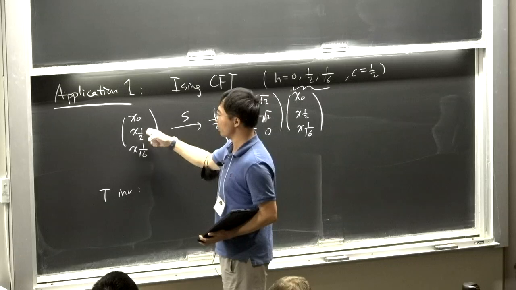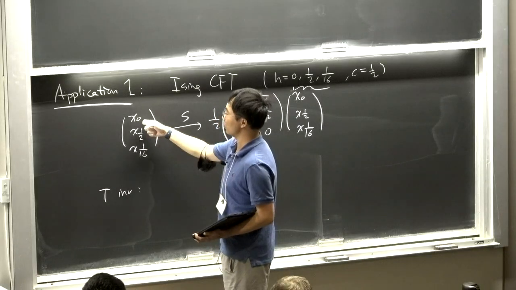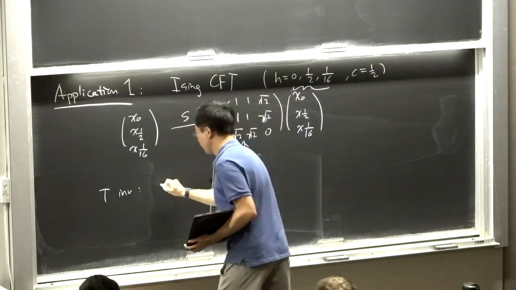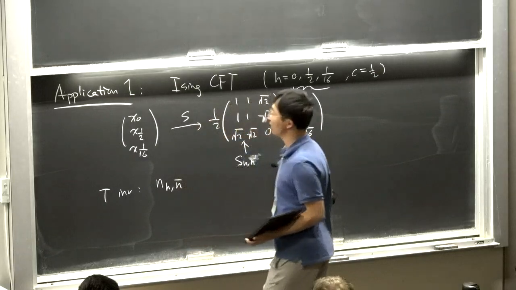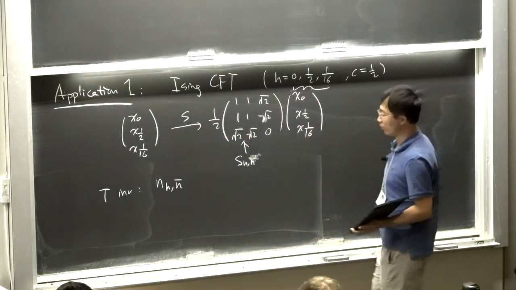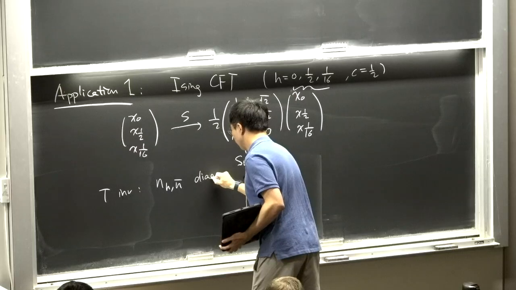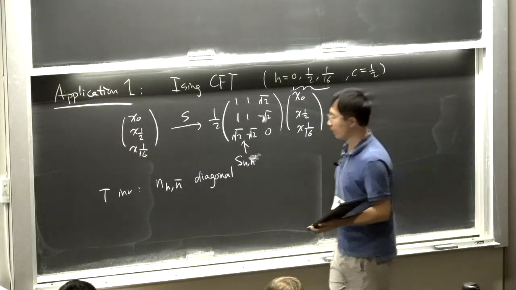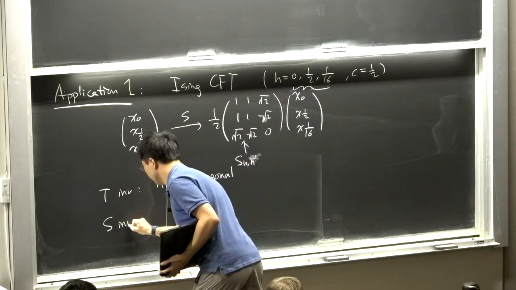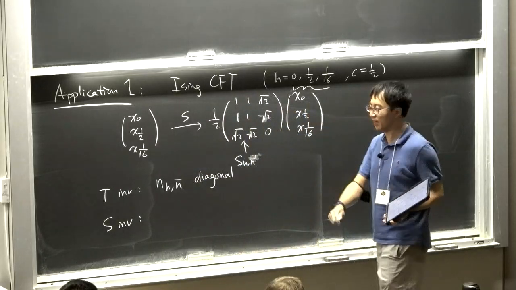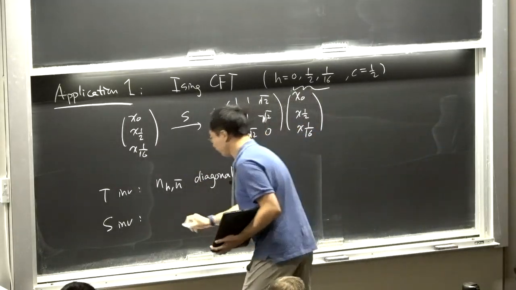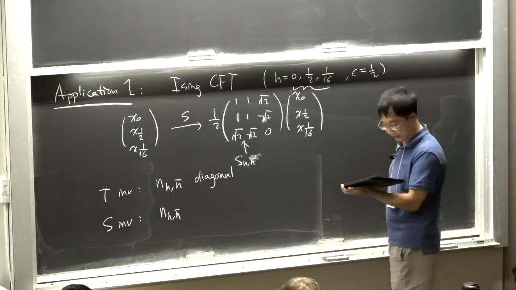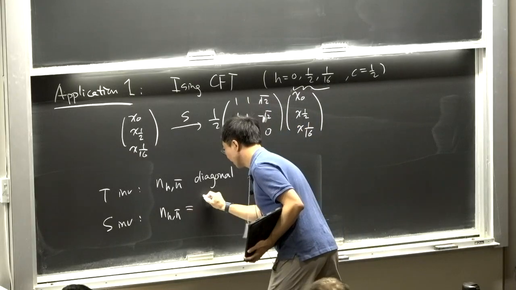There's no off-diagonal possibility, so this tells you immediately that this modular invariant matrix N has to be diagonal. And the condition from S invariance is something you can easily analyze in Mathematica, if not by hand. And you will find that this modular invariant matrix is proportional to the identity matrix.